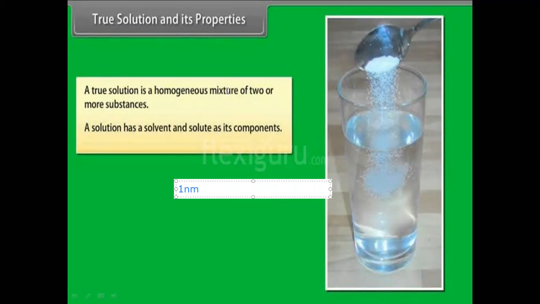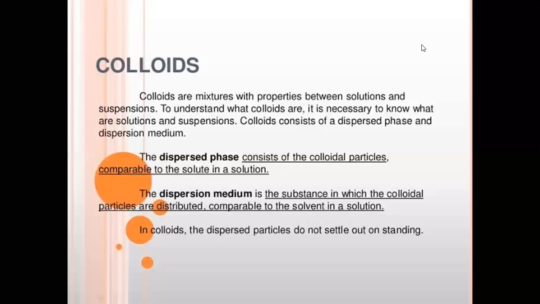The next one is colloidal solution. Colloids are a heterogeneous system in which one substance is dispersed in another substance. The substance which is dispersed is the dispersed phase, and the substance in which it is dispersed is called the dispersion medium.